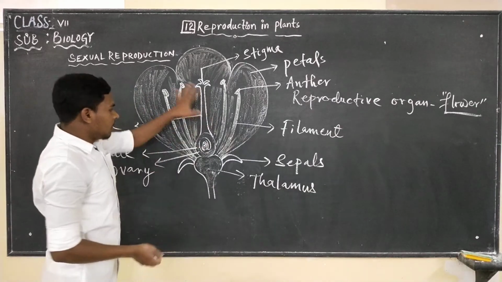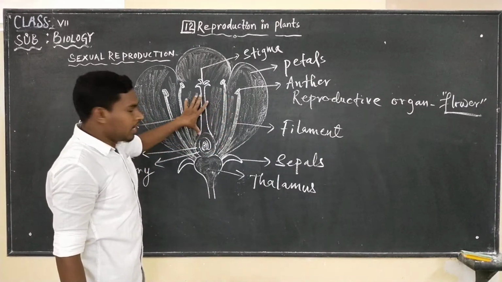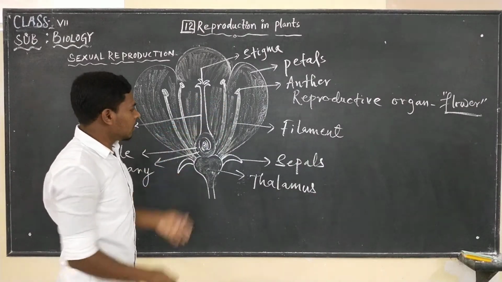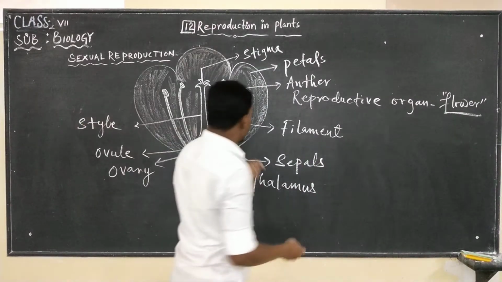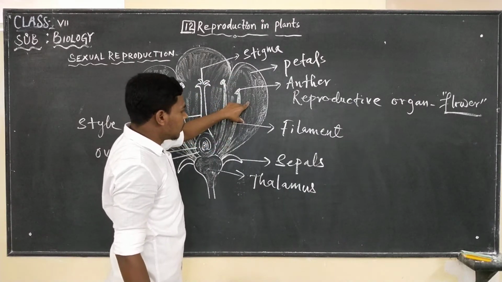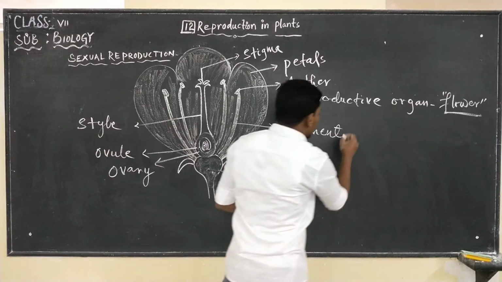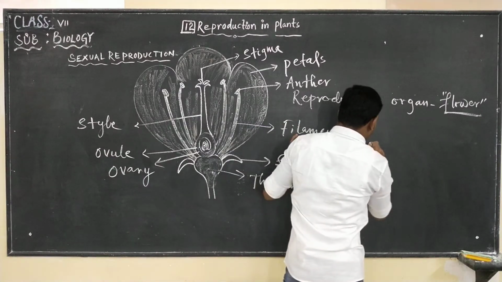So in this flower we come across male part and female part. What are the male parts? Anther along with this filament is known as stamen. So what is stamen?